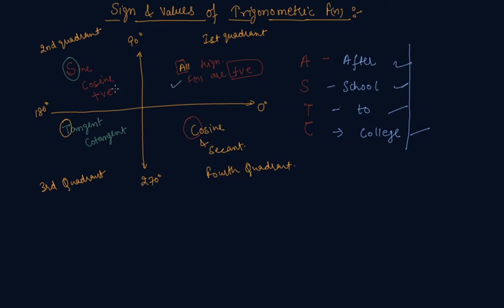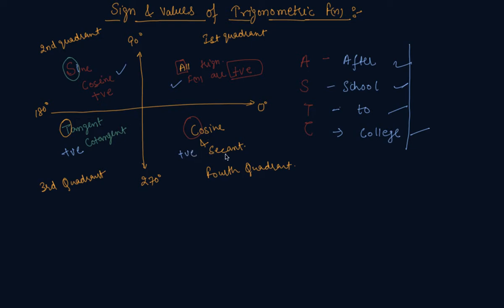In the second quadrant only S means sine and the reverse of sine will be positive. In the third quadrant tangent means T, so tangent and cotangent are positive here. And in the fourth quadrant cosine and secant are positive here.